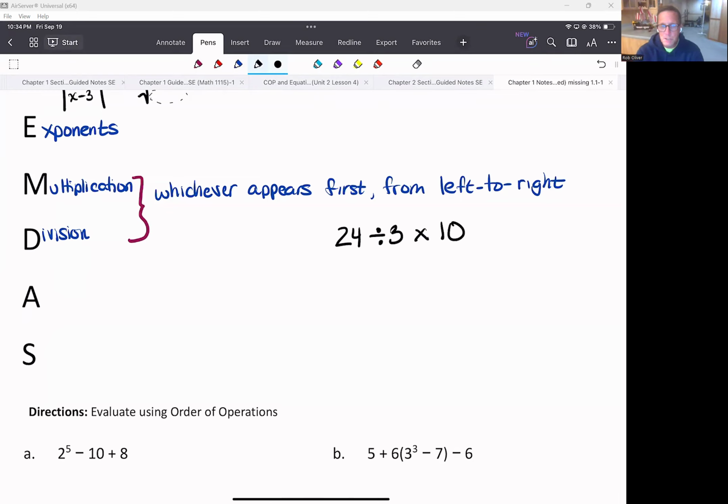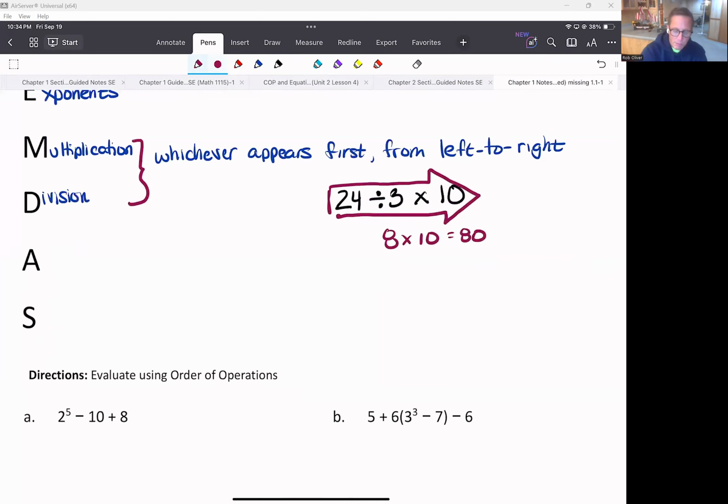No. When multiplication and division are together, you just go through this from left to right. That's all you do, just like reading the words on a page. 24 divided by 3 is 8, and 8 times 10 is 80. That's the only way you can do it. So it's whatever appears first from left to right.